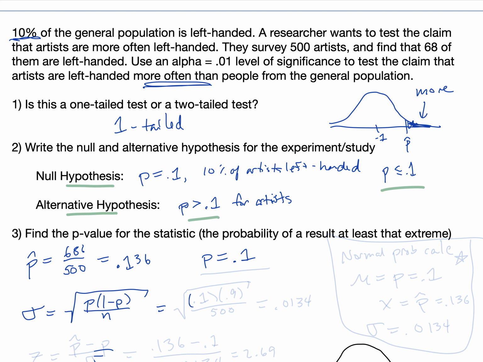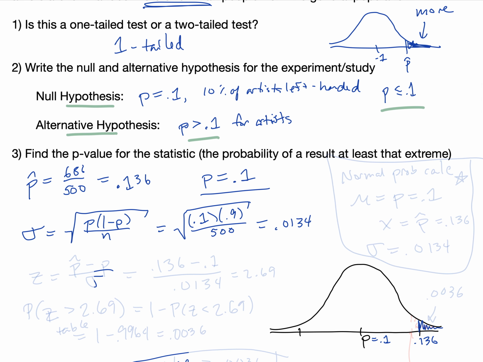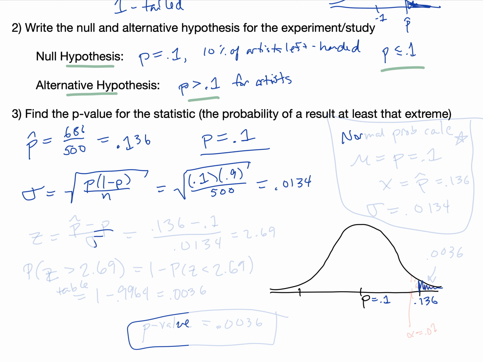We're looking for the probability that that result happens by chance, assuming that 10% of artists are left-handed. So the standard deviation here is the square root of 0.1 times 1 minus 0.1, 0.9, divided by the sample size from our sample, 500. And when we calculate that, we'll get 0.0134.